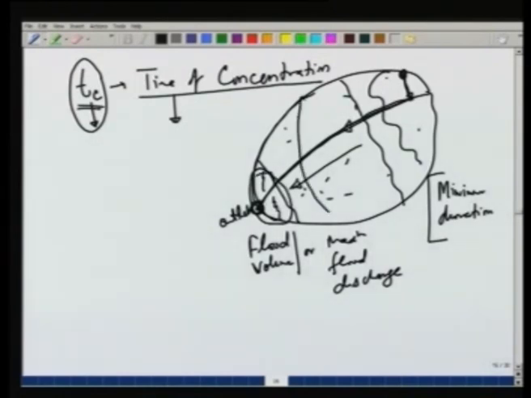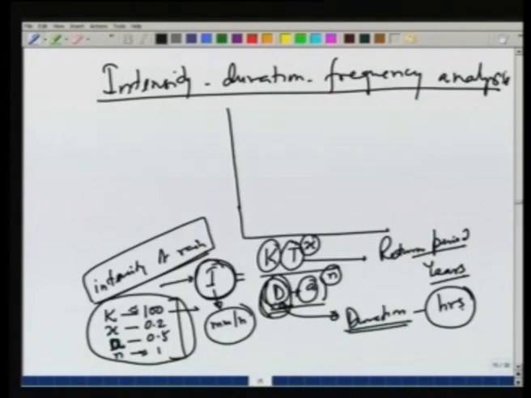This area may still be contributing to the flow, because different areas will take different times to reach the outlet, and at the time Tc, the entire area contributes to the flow, because the raindrop falling here has also reached the outlet. Therefore, this Tc is important, and in the intensity duration frequency curve, this D can be taken as Tc to get the maximum flow possible at that location.